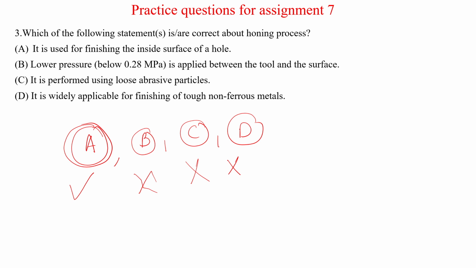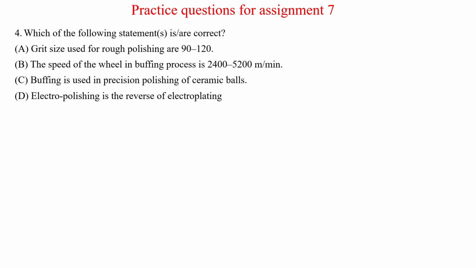Okay. We'll move to next question. Which of the following are correct? Please tell me. Fast, fast. These are very simple. You don't have to calculate. B. Wait, which is correct you're saying? A is correct or not? No, sir. It is actually 20 to 80.